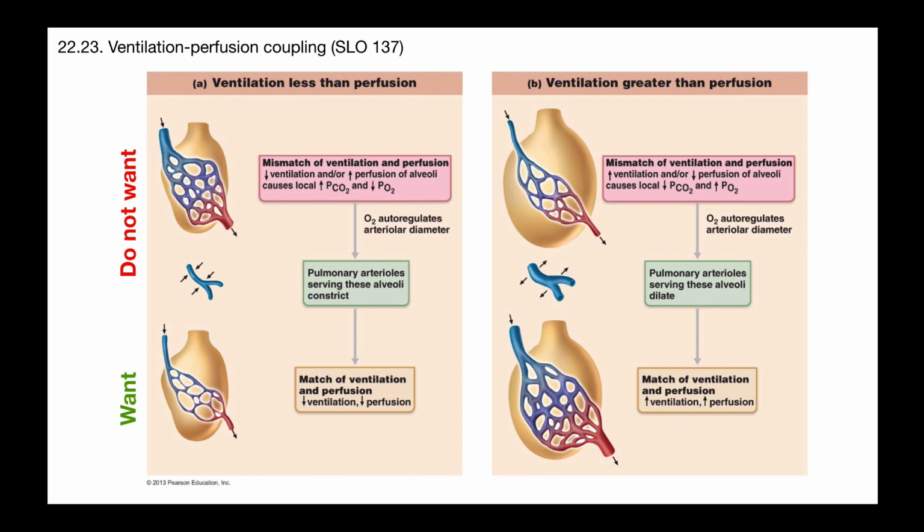So in the end, you match the amount of perfusion with the ventilation that's happening. That's the bottom part of this figure, which is what we try to go for. The top part of each figure shows when they're mismatched, and those autoregulatory mechanisms we learned before cause them to come into balance with one another.